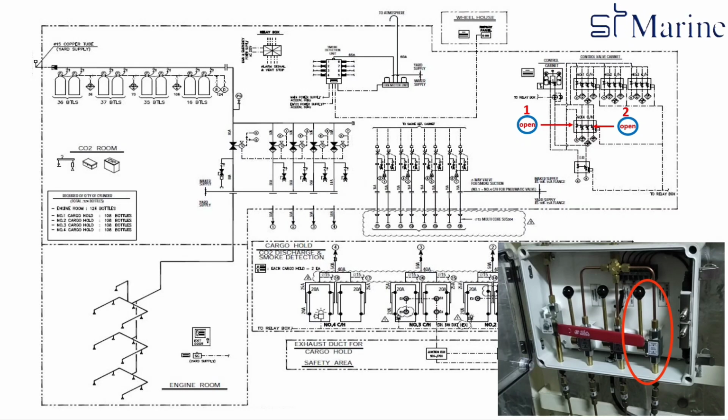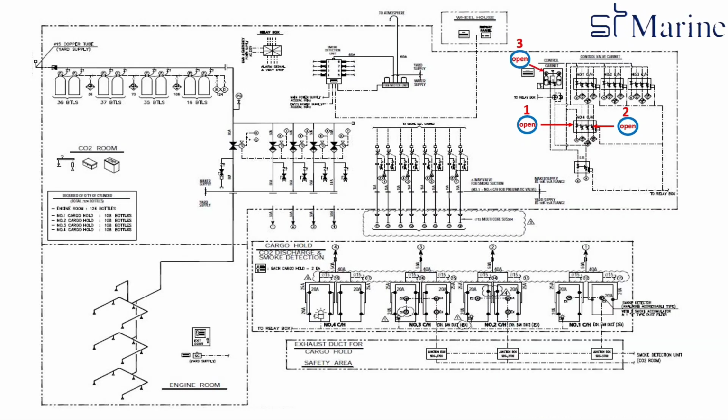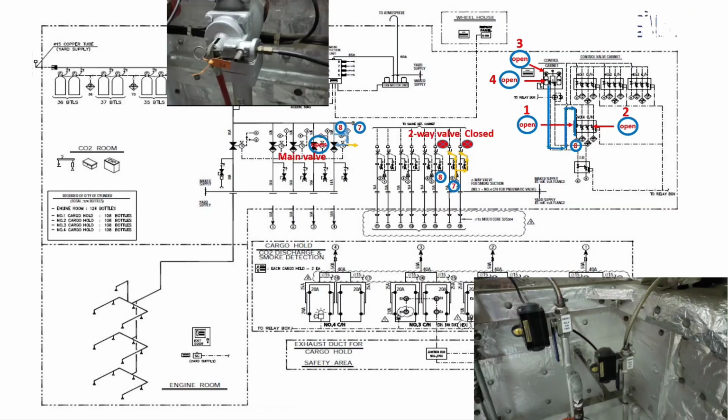After opening valve number 1 at the control cabinet, the pilot gas will activate the main valve, and the ventilation fan will be stopped, an alarm will come, and the two-way valves will also close automatically. This is to prevent the CO2 blowback to the smoke detecting systems.